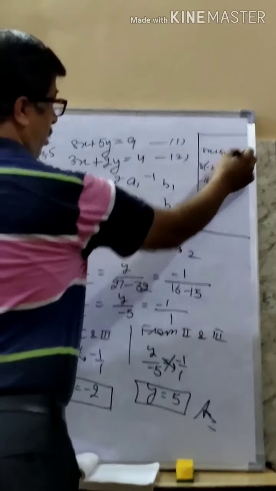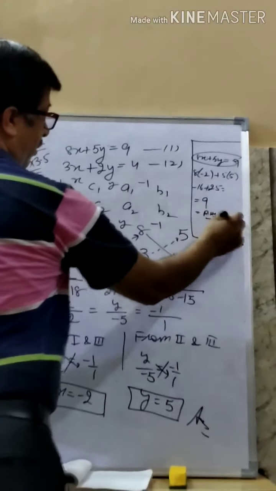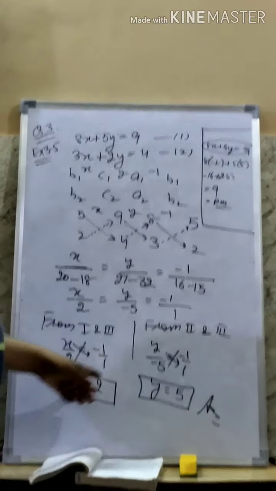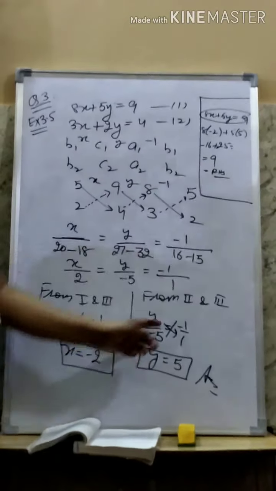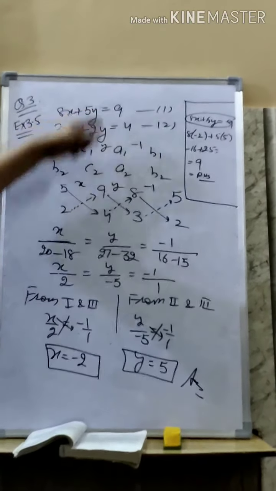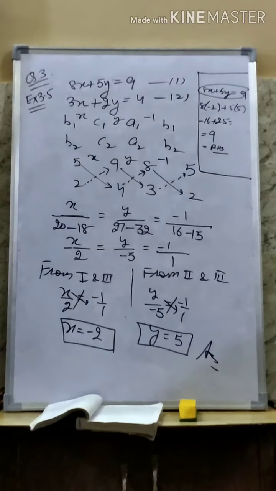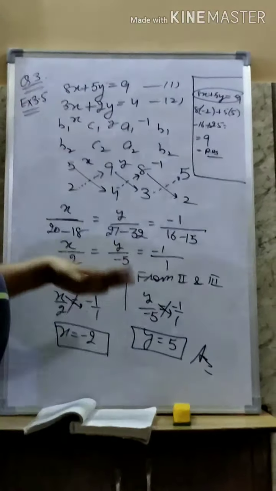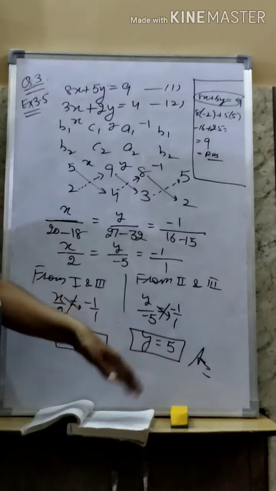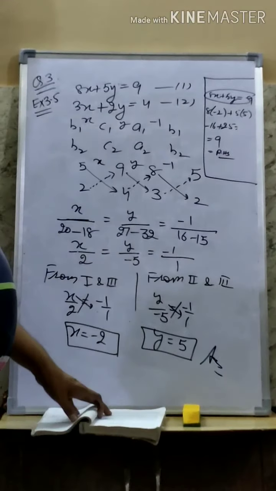And you see, this is the left hand side, this is the right hand side, you have got the right hand side. Whatever answer you have got, you can put the values of x and y in any one of the equations so that you can check yourself whether your answer is correct or not. So that you must be satisfied that whatever solution I have done is correct. There should be no doubt when you are sitting in the exam.